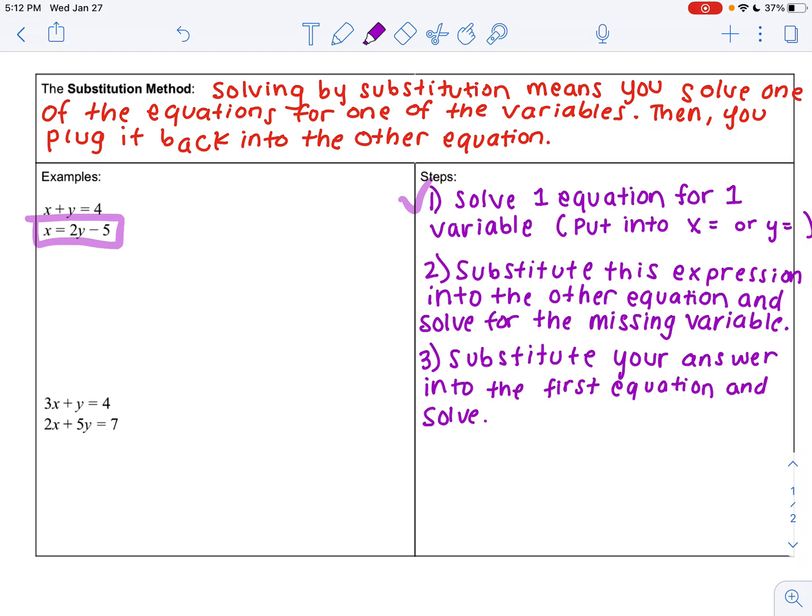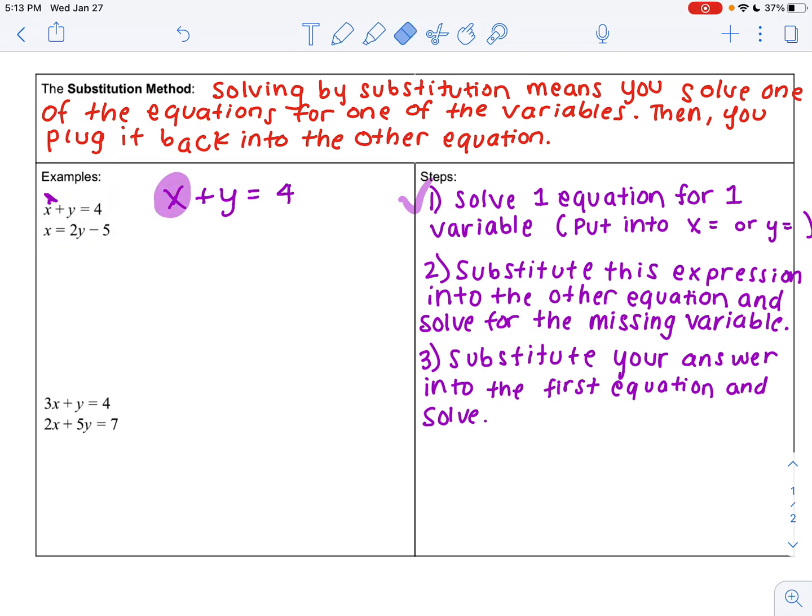Step 2 says substitute this expression into the other equation and solve for the missing variable. Okay, so I'm going to substitute this in for the x in the other equation. So instead of x plus y equals 4, I'm going to write, okay, pay attention here because I think this is where students get confused.